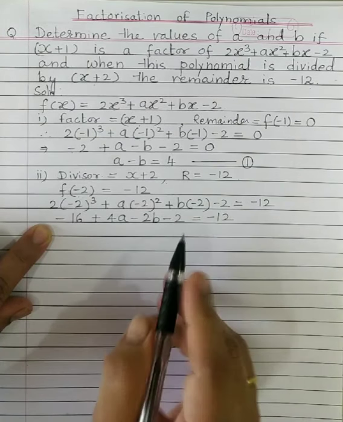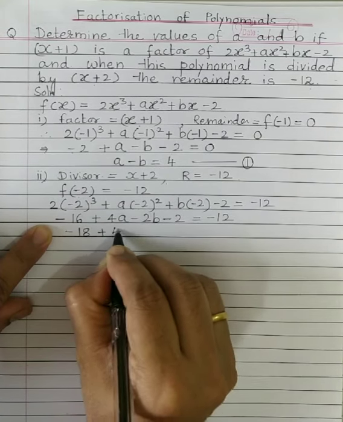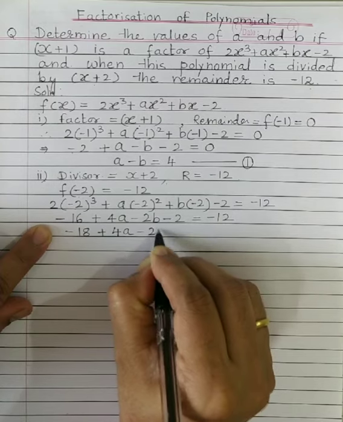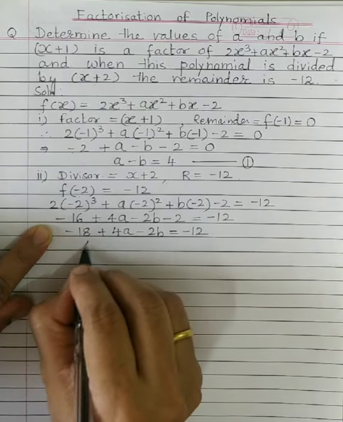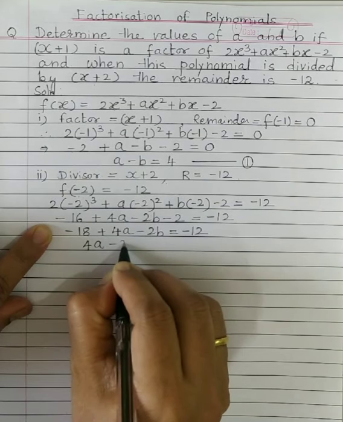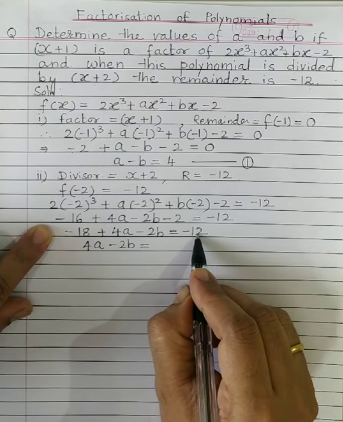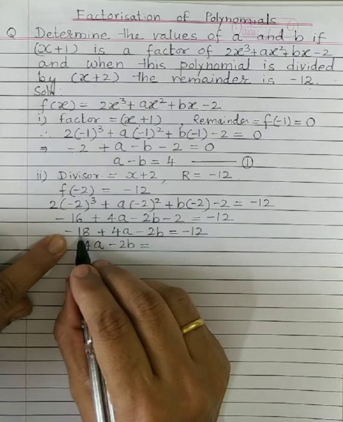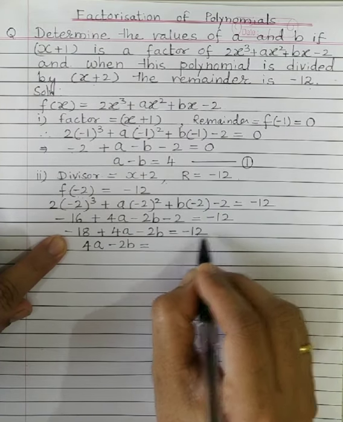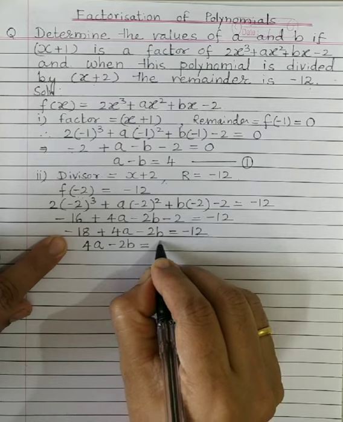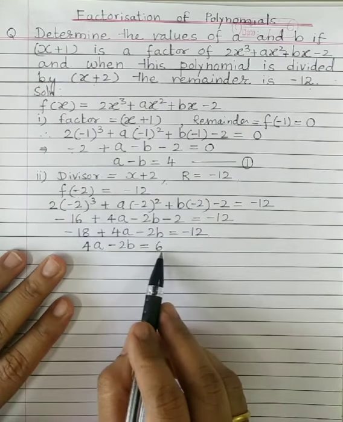Minus 16 minus 2 is minus 18, plus 4a minus 2b equals minus 12. You have 4a minus 2b is equal to minus 12, and minus 18 goes to that side, what will it become? Plus 18. So plus 18 minus 12, what will be the answer? Plus 6. That is the second equation.